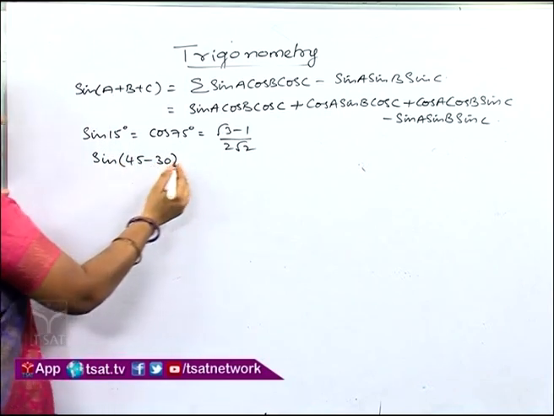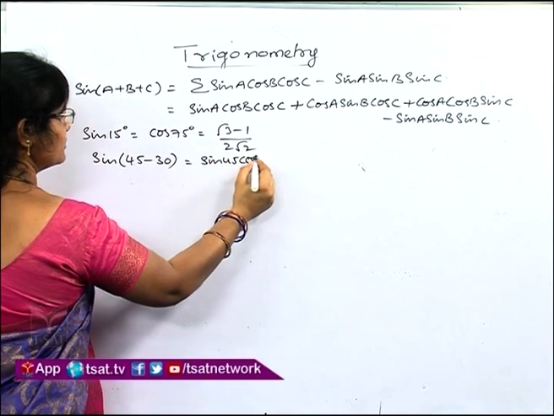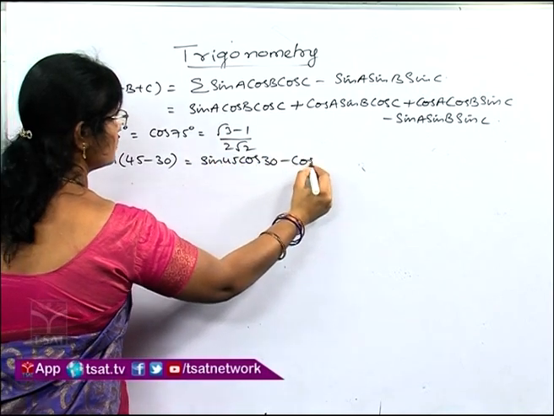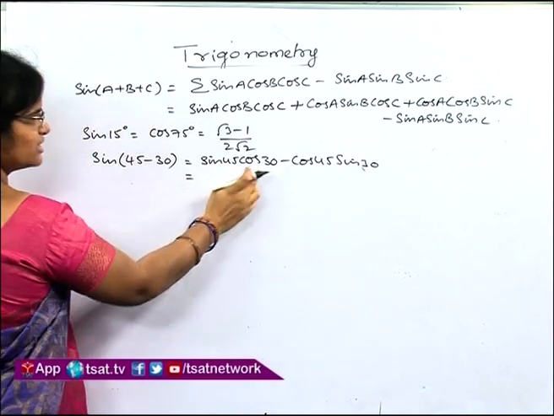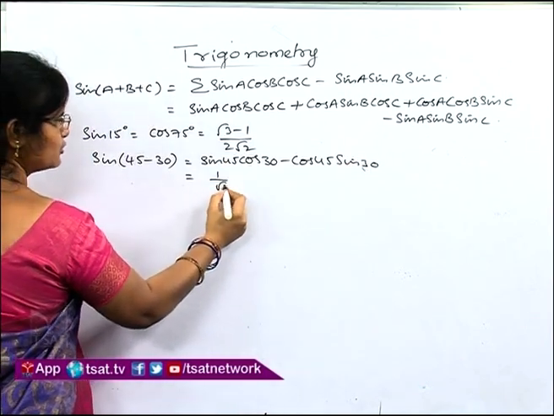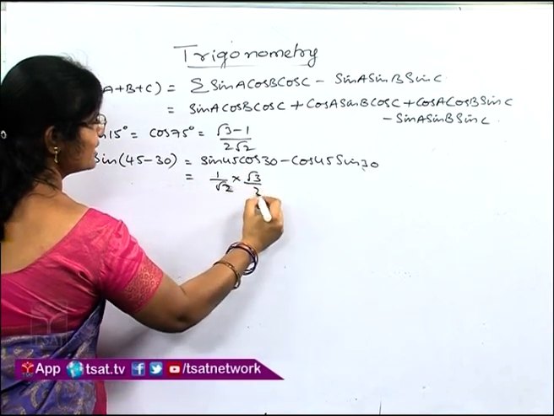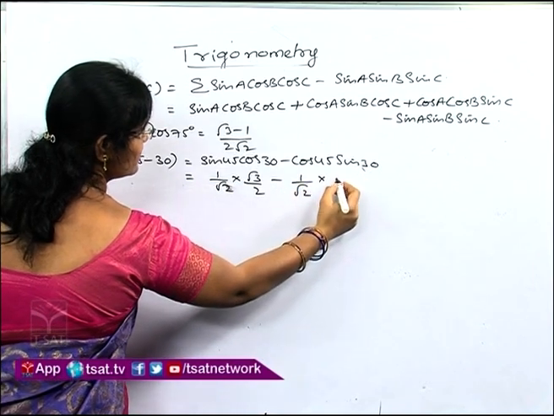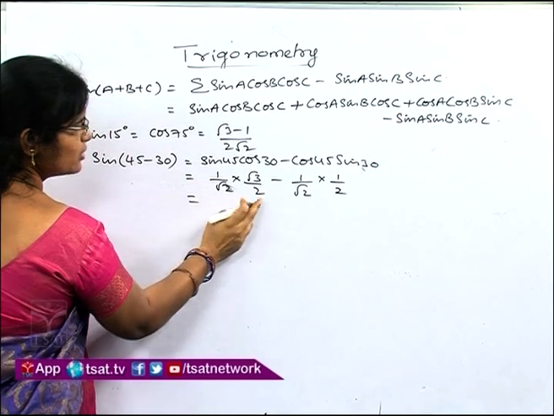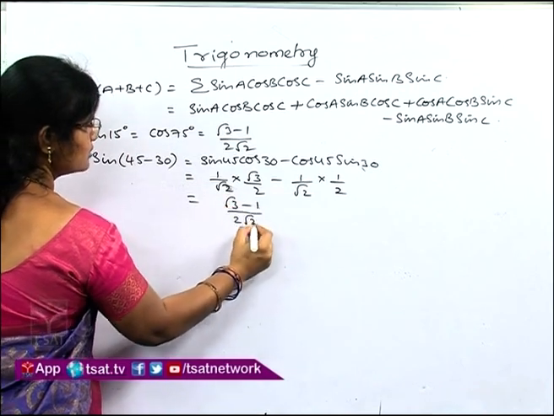We know the formula for sin of a minus b: sin a cos b minus cos a sin b, and we know these values. Sin 45 is 1 by root 2 into cos 30 is root 3 by 2, cos 45 is 1 by root 2, sin 30 is 1 by 2. Denominators are same, children. So, we can write root 3 minus 1 by 2 root 2.